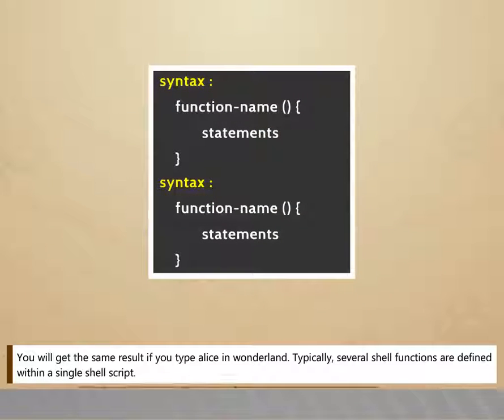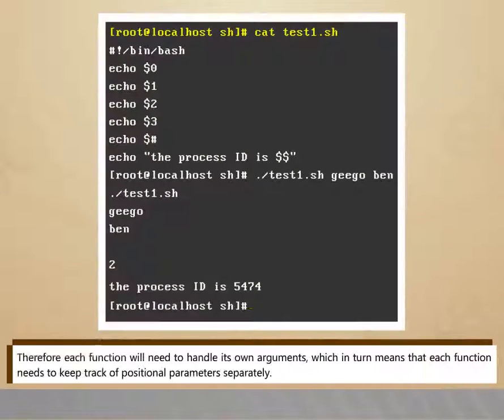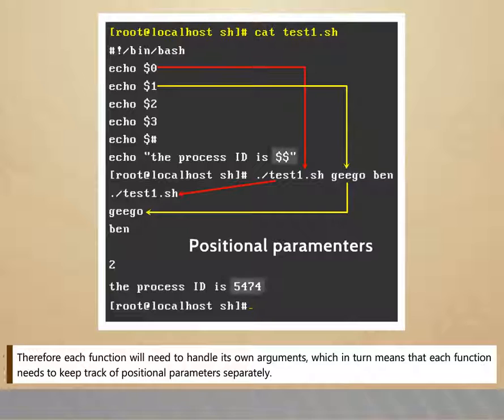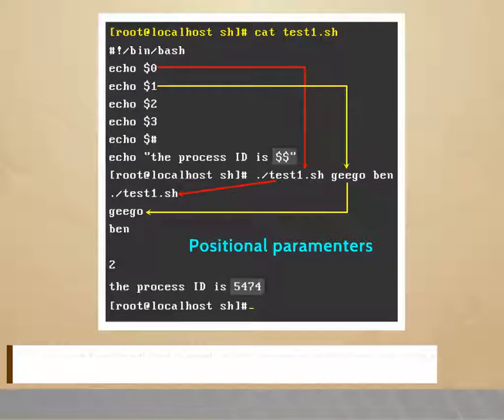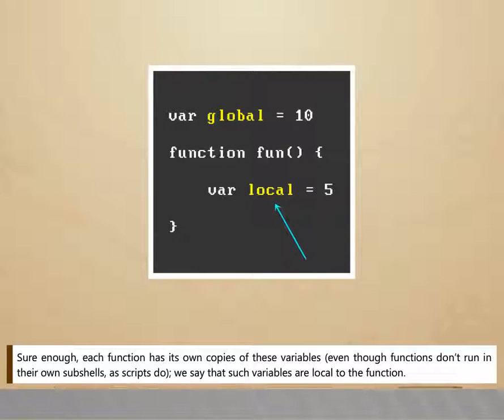Typically, several shell functions are defined within a single shell script. Therefore, each function will need to handle its own arguments, which in turn means that each function needs to keep track of positional parameters separately. Sure enough, each function has its own copies of these variables.